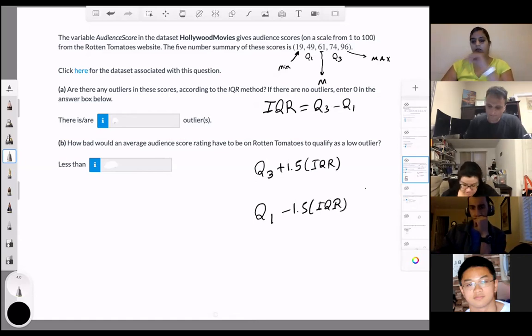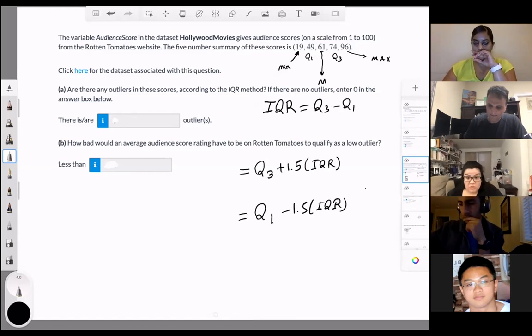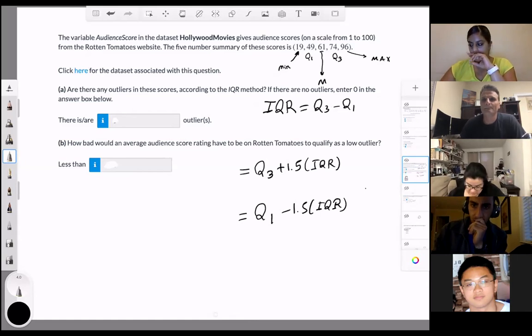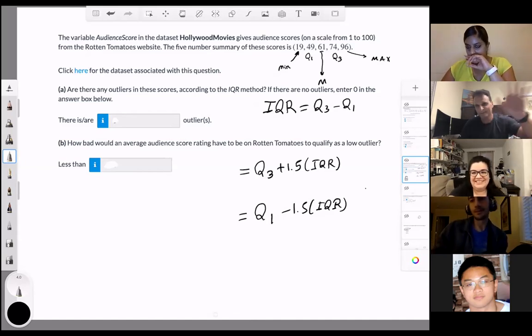If a value falls outside of these, then we have an outlier. That's how we do it. If you have another way, you might be famous, but let's not be famous for this exam. Do this rule for the exam, and after the exam, come up with a new rule.